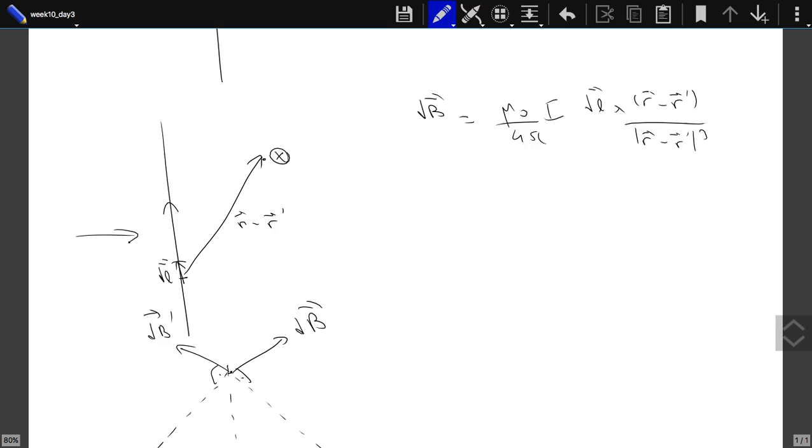You can have, for example, this sphere with a surface charge, and you can just put it in rotation. You can rotate the sphere with some angular velocity. And if you want to calculate the magnetic induction everywhere, that is one strategy. Just divide it into very small rings, calculate the magnetic induction for each one of those rings, and sum them up.